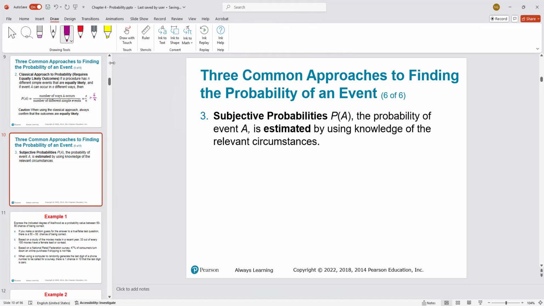We must examine past results to determine the number of cars in use in a year and the number of them that crash. Then we find the ratio of the number of cars that crashed to the total number of cars. So that's very important. We look at the data, the statistics, the past reports to do that.